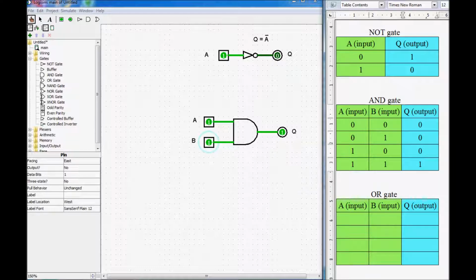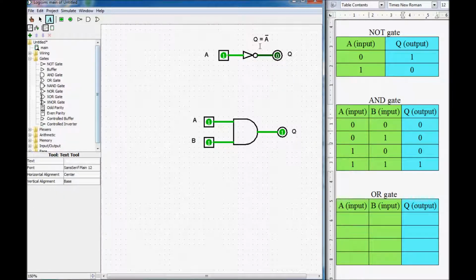Now we have filled out our table, and also the same as before with the NOT gate, also the AND gate has a formula that will describe the operation of this gate in Boolean algebra. And the formula will look like this.